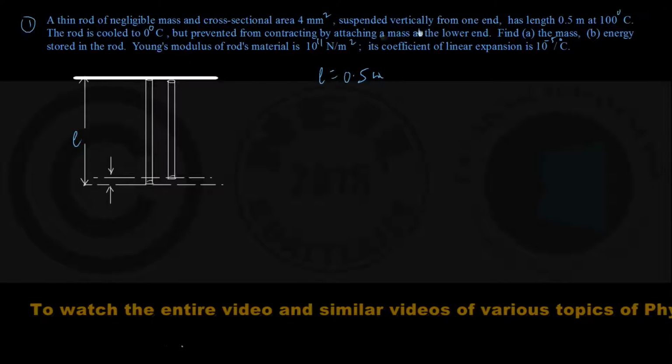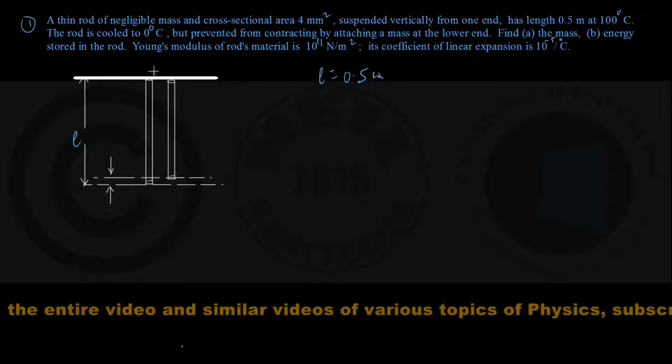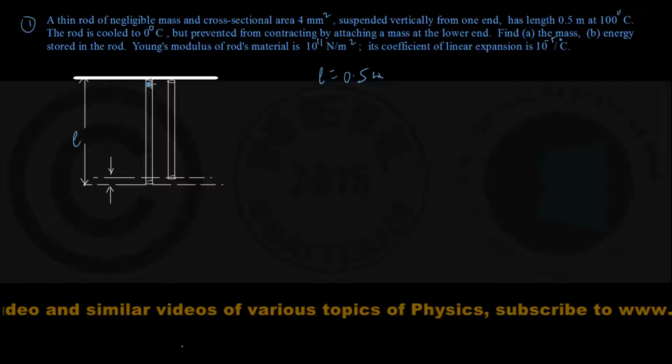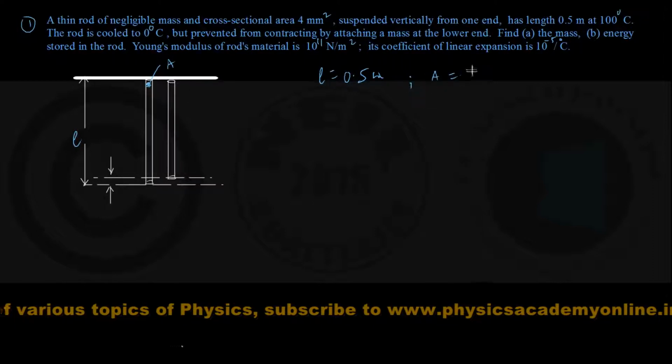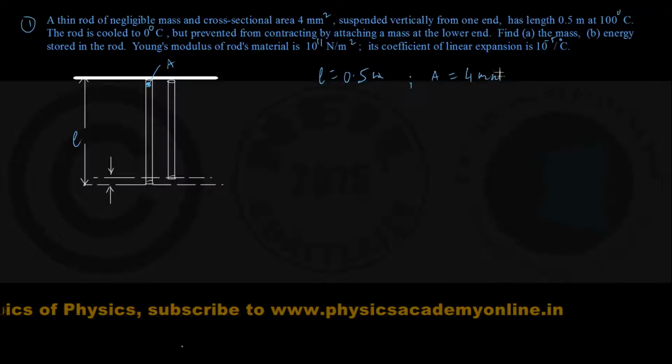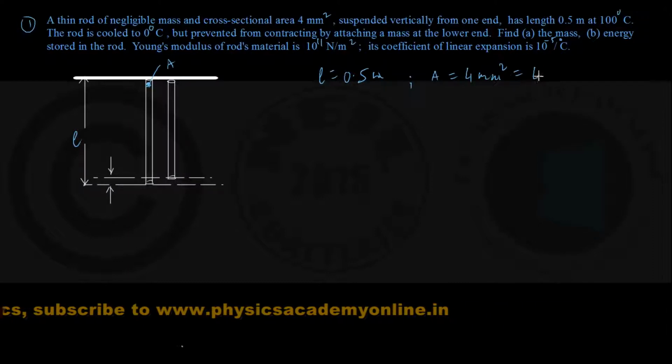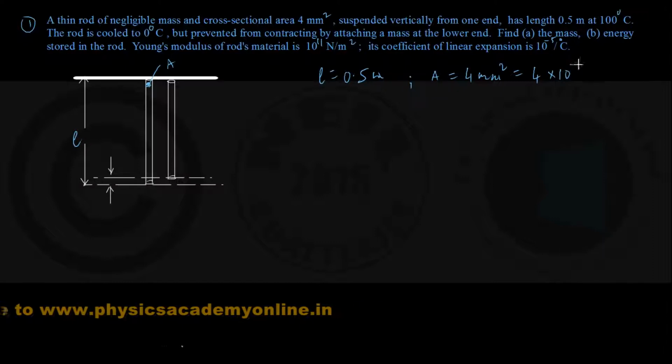and the cross-sectional area of the rod, this is a circular cross-section we assume, is also known to be 4 millimeter square. Converting to SI, this is coming out to be 4 into 10 to the power minus 6 meter square.